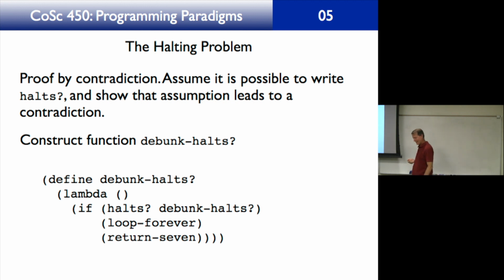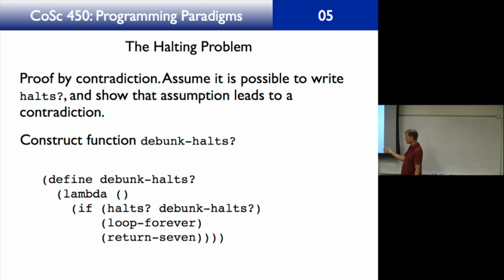Now what we're going to do is analyze this debunk halts, right? Because by the way, what did we say we were assuming? It's possible to write halts. So we're assuming that we wrote halts, and then we're going to use it here in this debunk halts. Are you with me?